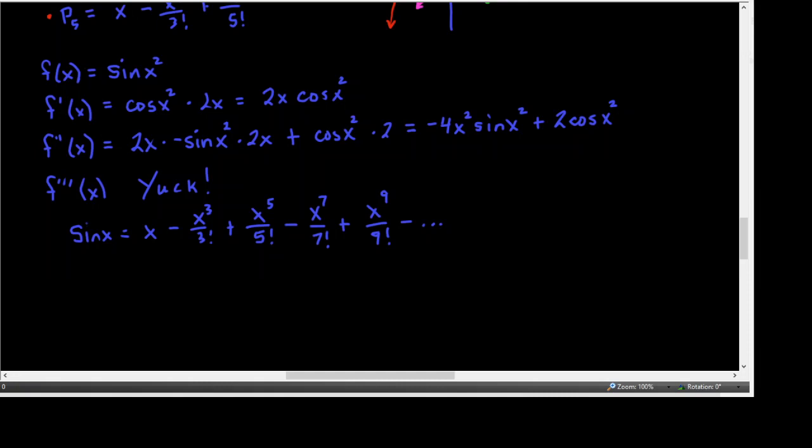Well, let's go ahead and write the general term. So the general term for that would be negative 1 to the nth to make it alternate, x to the 2n plus 1 to make it an odd number power, divided by that same odd number factorial, plus dot dot dot. Okay, so that's what we've already proven.